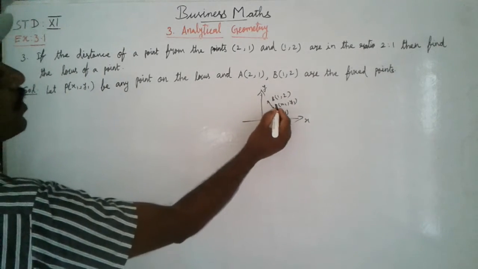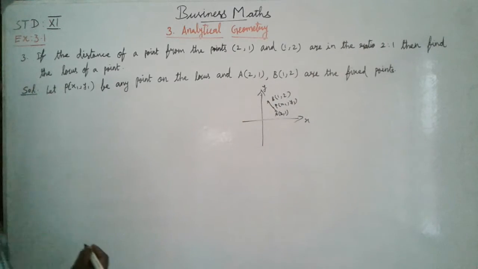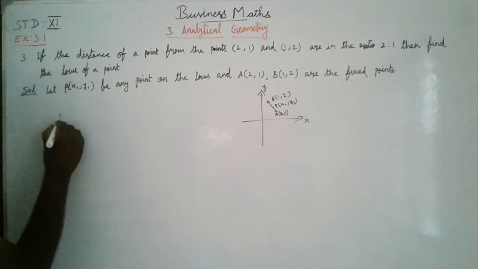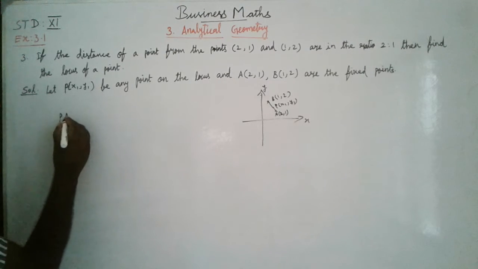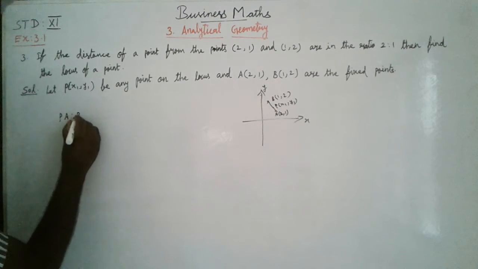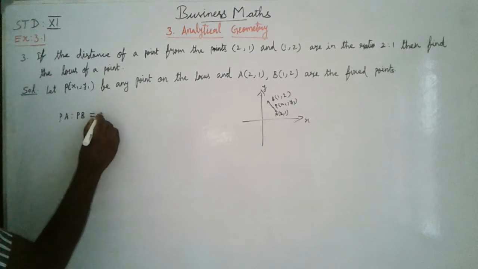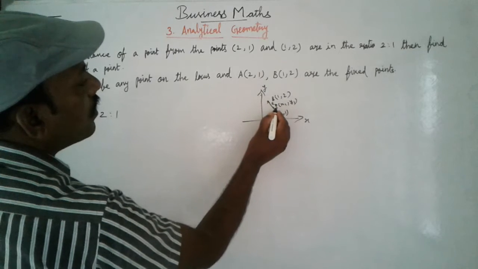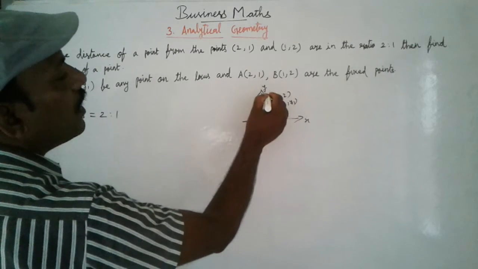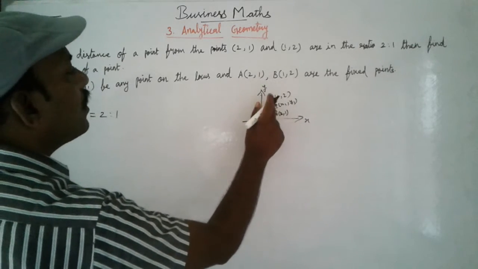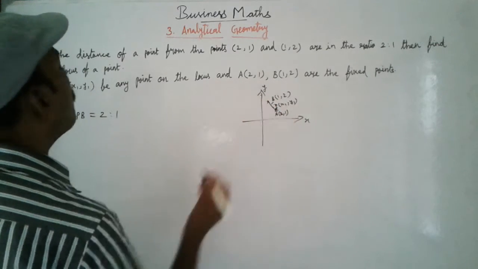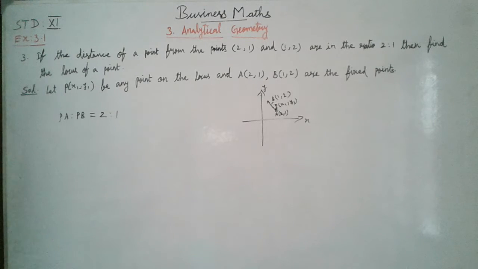The locus of the point P of x1, y1 we should find out. Here given PA is to PB equal to 2:1. So this is a 2, this is a 1. PB is 1, PA is 2.